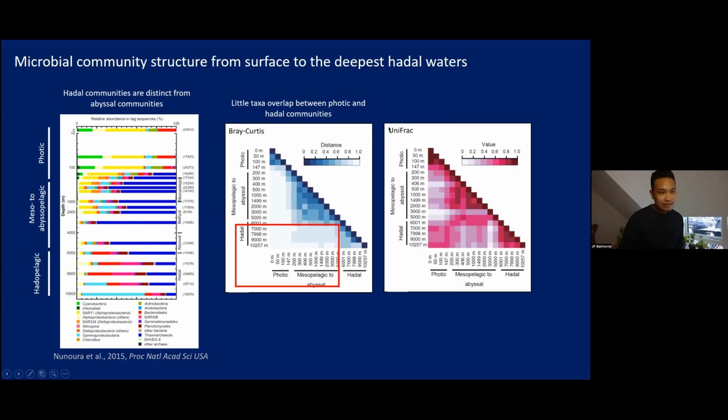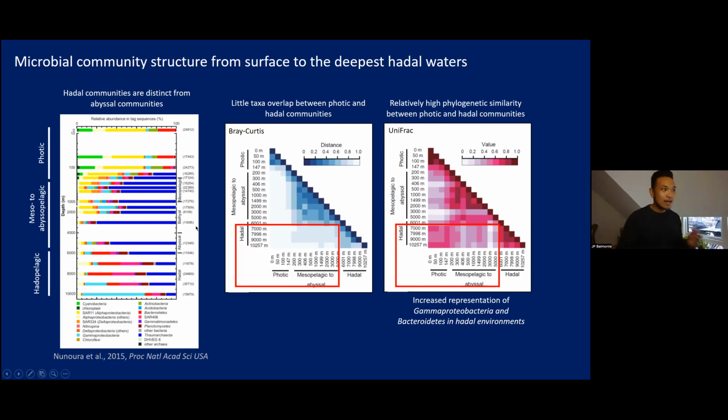But what's interesting, and it's something that they didn't quite discuss in the paper, is based on UniFrac, which looks at presence-absence as well as phylogenetic distances. Here in this analysis, you have to incorporate a phylogenetic tree. What they actually find is that hadal microbial communities, when you start to consider phylogenetic distances, show high similarity with photic microbial communities. Essentially, they're not the same organism, but they are fairly closely related.